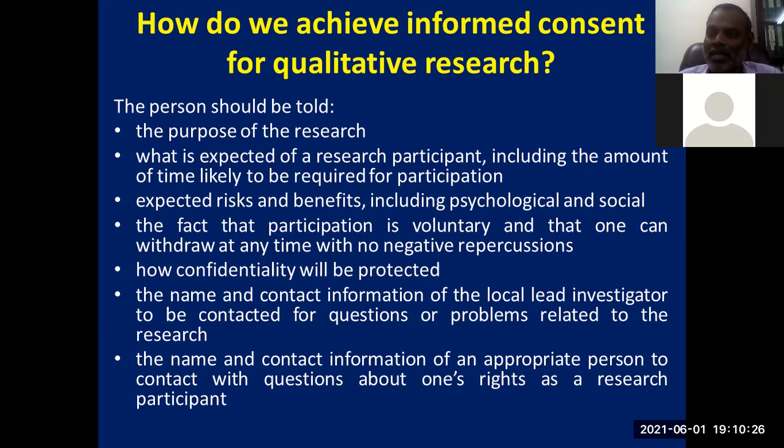For example, if you are giving a questionnaire, you need to mention that filling it will take half an hour or 45 minutes. If you are conducting a focus group discussion, you say the meeting will take 1 hour or 1.5 hours. You need to be well informed.